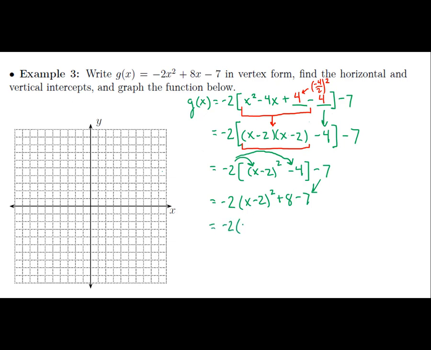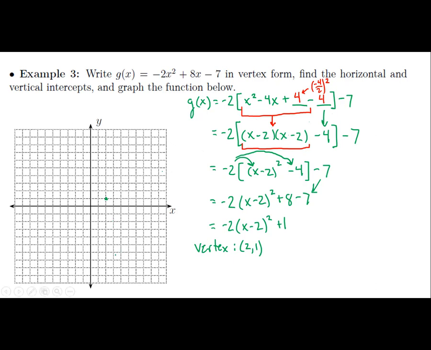So in the end, we have -2 times x minus 2 squared plus 1. So we can see that our vertex is the point 2, 1. I can also see that because there's a negative here, I'm going to be opening downward.